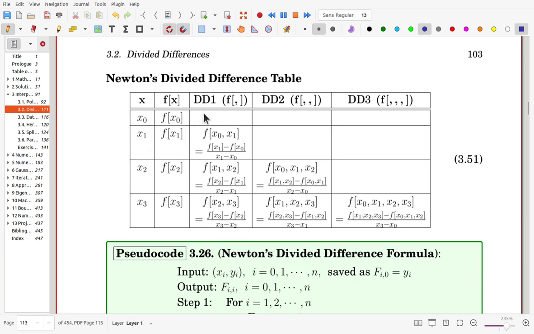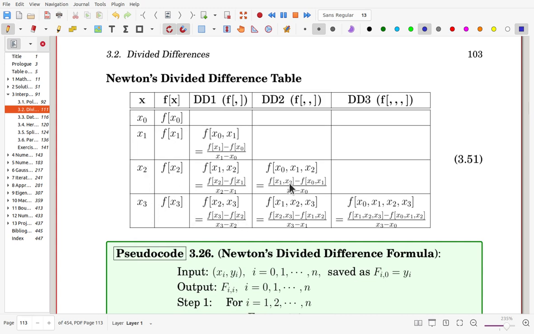Now these are the first divided differences. That is, this subtraction divided by that subtraction gives this one. This subtraction divided by that one is this one, and this subtraction divided by that one is here.